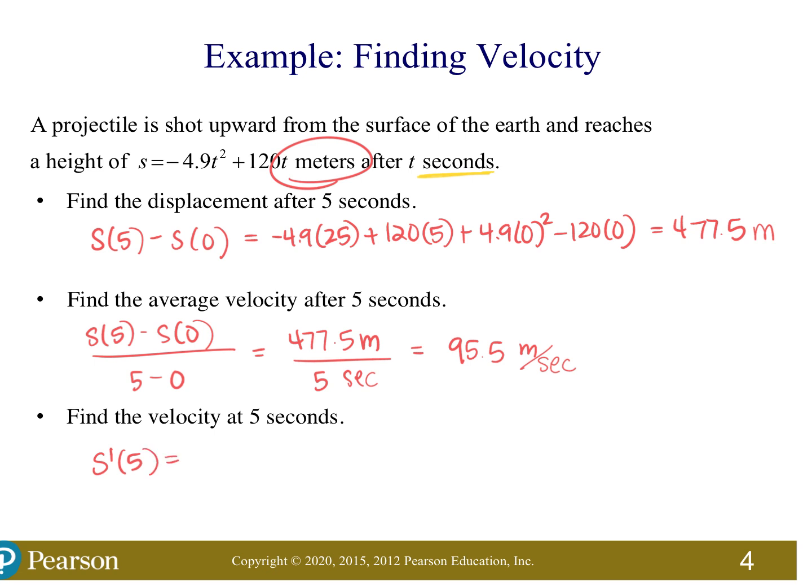So now we want to find s prime, and using our power rule, this would be negative 9.8 t plus 120. That's the derivative using the power rule, and the 120t derivative is 120. And then we'll plug 5 into that. So negative 9.8 times 5 plus 120.